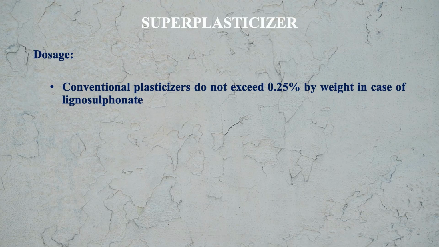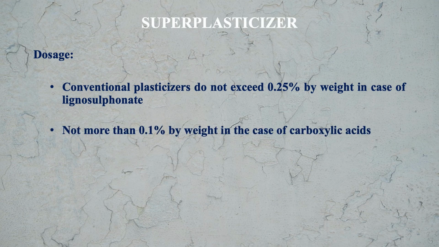Now let us discuss what dosage is used of these admixtures. Conventional plasticizers do not exceed 0.25% by weight in case of lignosulfonate. In case of carboxylic acids, not more than 0.1% by weight should be used.